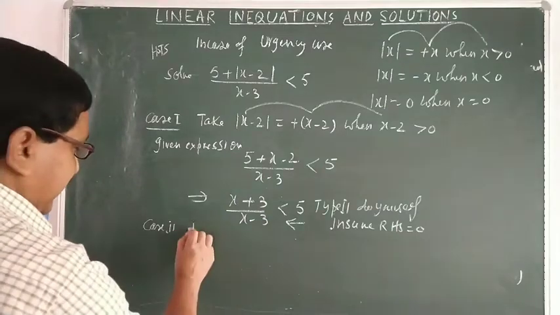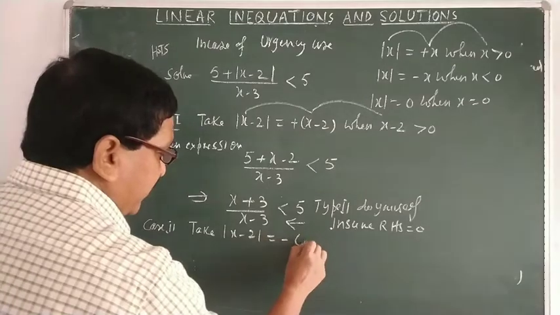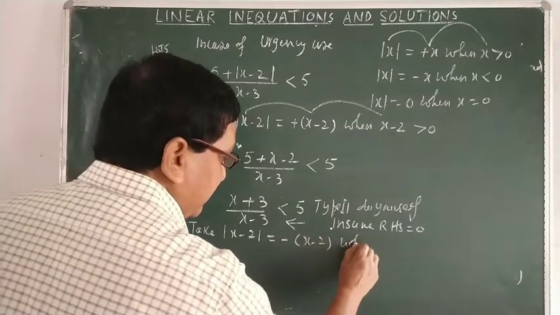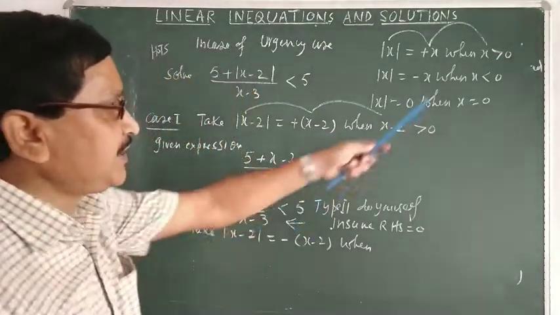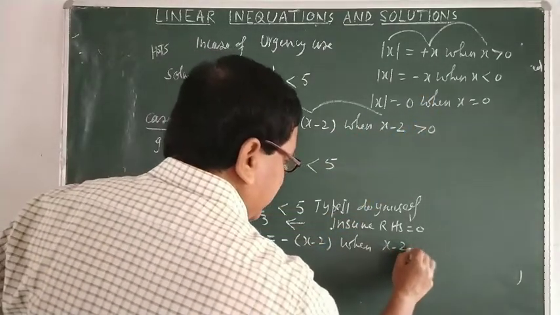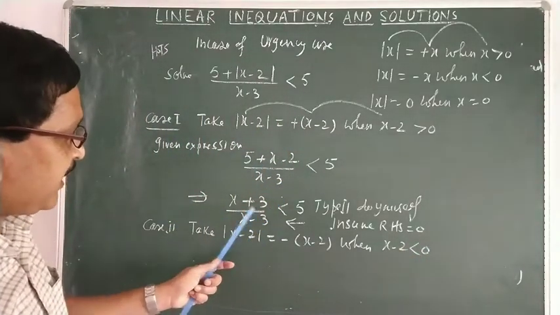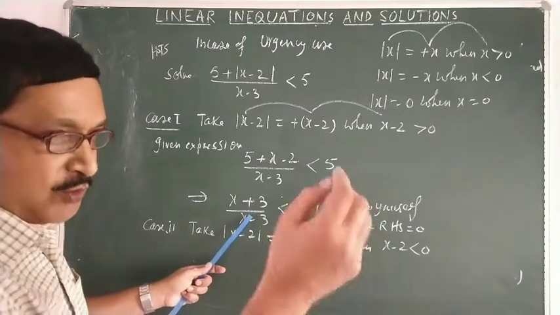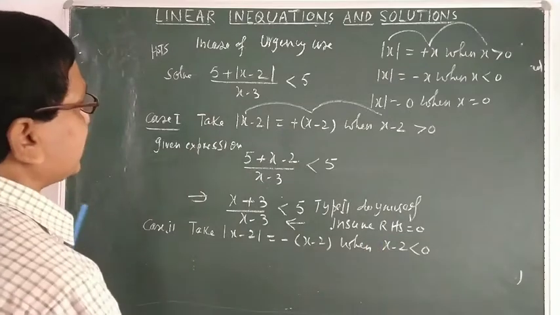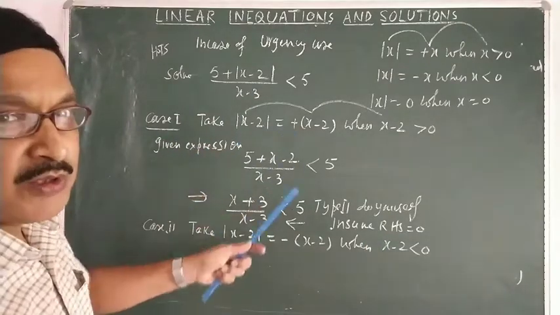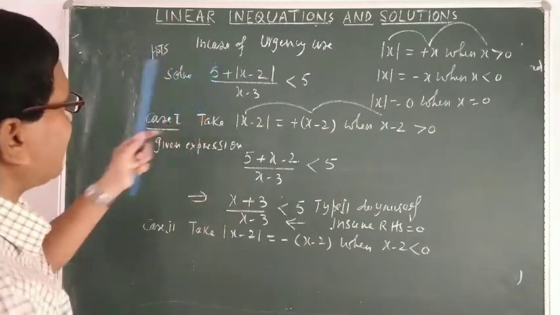In case 2, take modulus of x minus 2 as negative of x minus 2, according to the second rule, when x minus 2 is smaller than 0. After that, proceed in the same way and you will get the same type 2, and you can do this. Then combine the two cases and get the final answer. I am not going to discuss more. Those who are interested can do this hard problem.